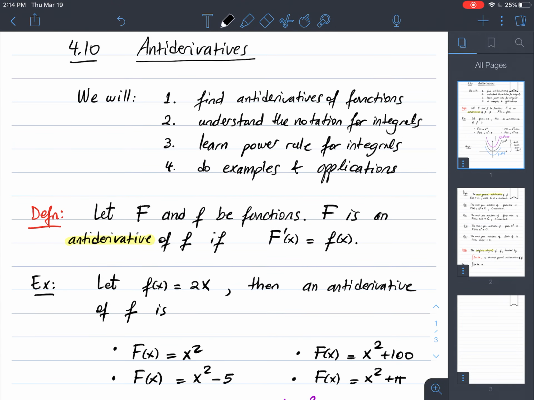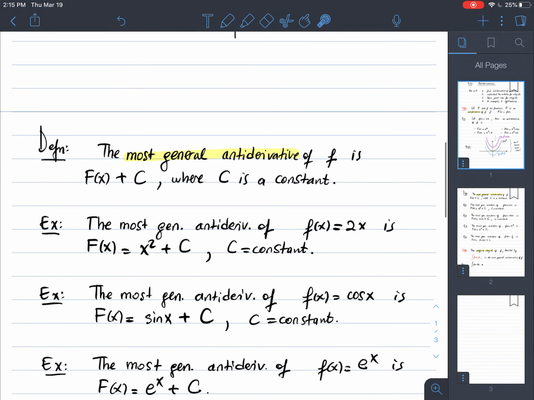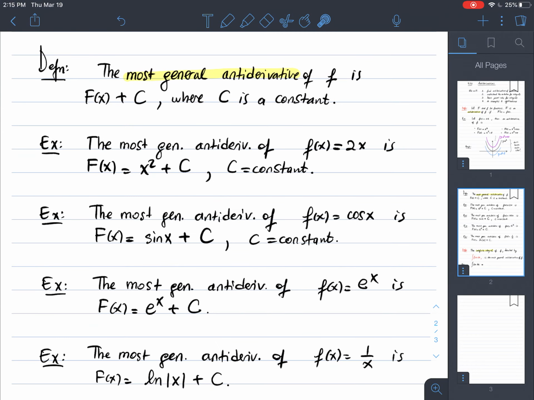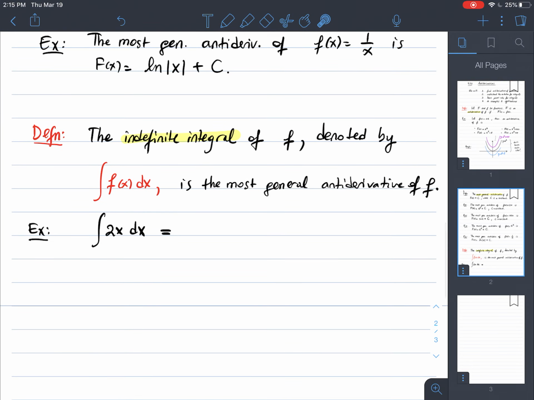So here we did the example of 2x. So we said that x squared minus 5, all of these are antiderivatives. So the most general antiderivative is x squared plus c. Okay, so let's go back and write this down as an integral. So now the integral of 2x dx is equal to x squared plus c.